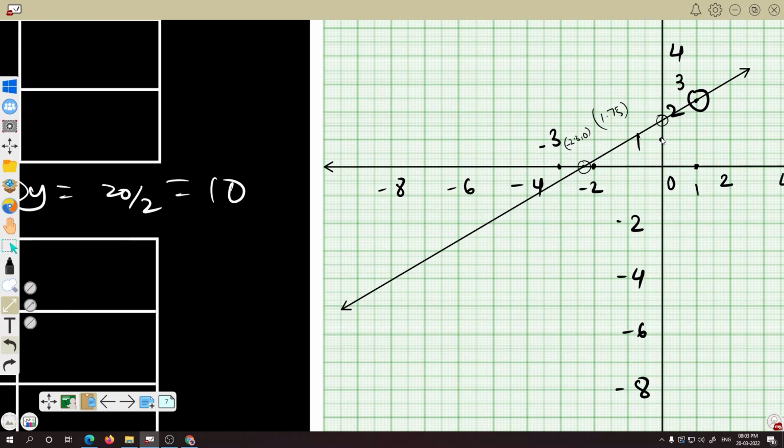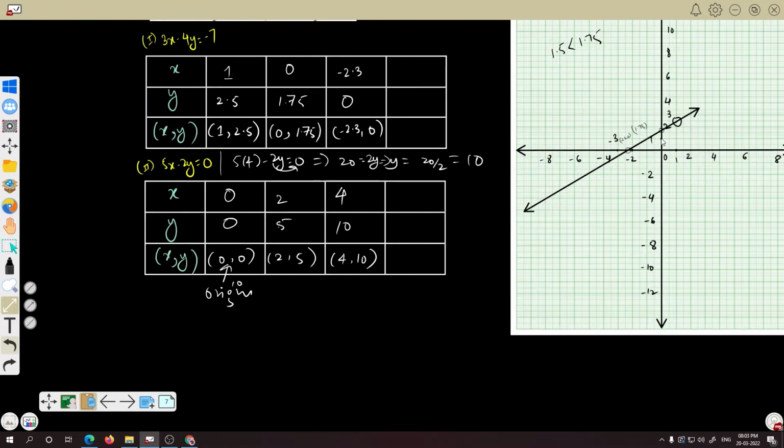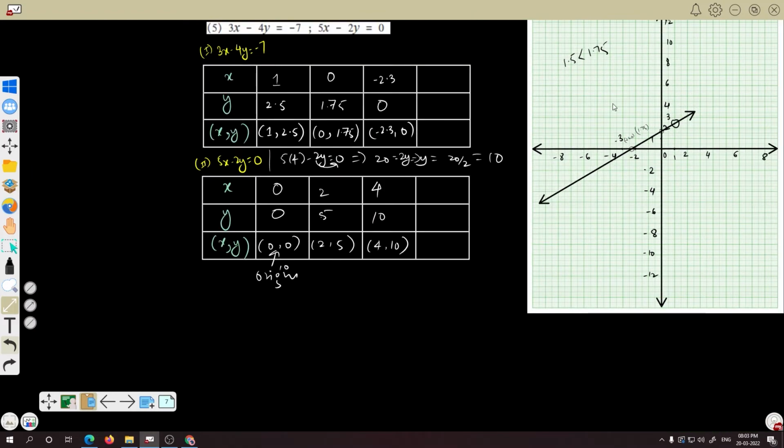Fine. So this line represents the first equation. I'll write the equation. Wait a minute. This represents 3x minus 4y is equal to minus 7. I hope this is clear to you.